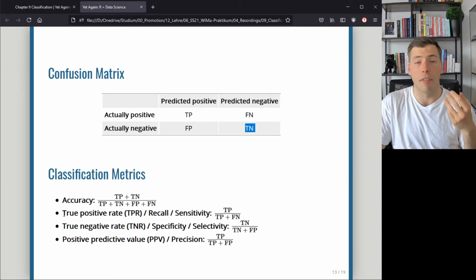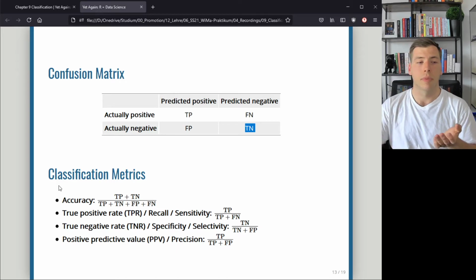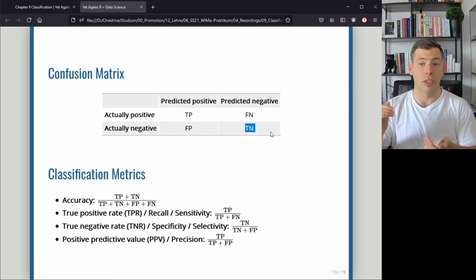This is why there are other classification metrics that use these values a bit differently, so that you can actually check whether your classification is good and not simply good because the data set has a class imbalance in it. Class imbalance is just having only a few values of one group and a lot of values from the other group.